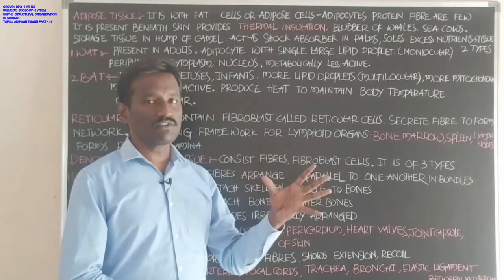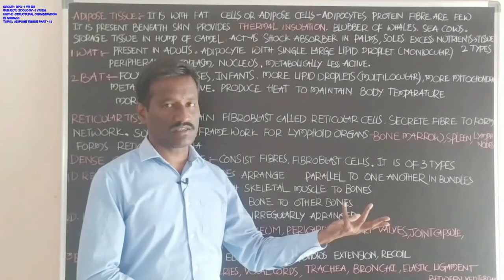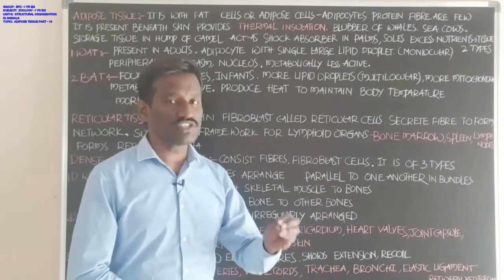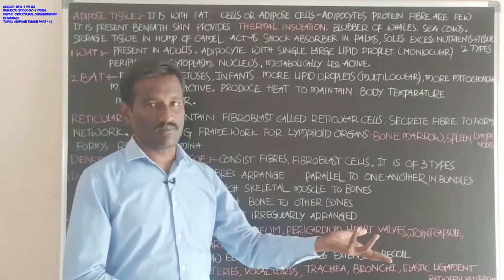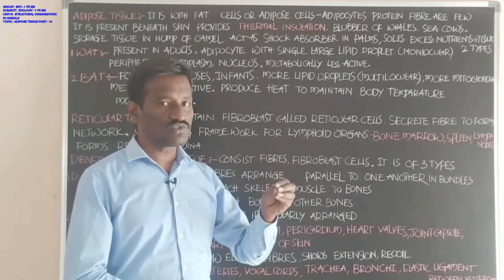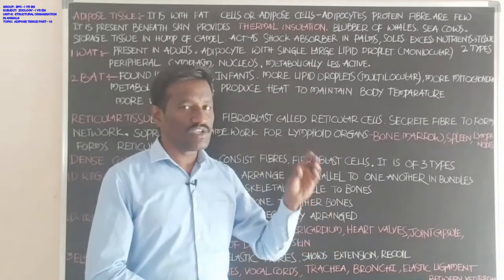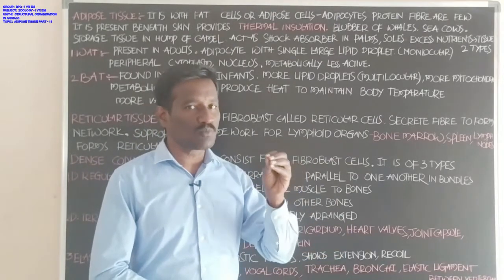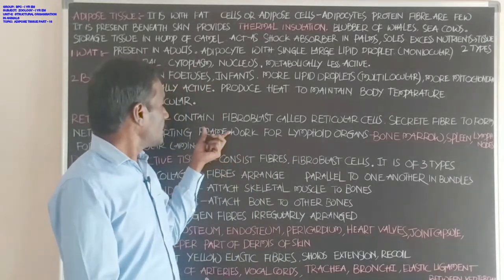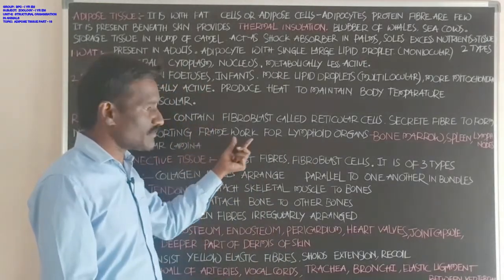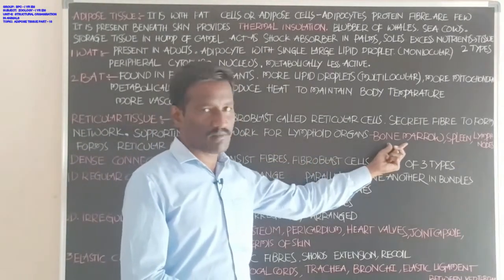Some blood cells are produced by lymphoid organs, and immune cells kill microorganisms in the body. This type of immunity involves immune cells, which are also produced from the lymphoid organs. Student, reticular tissue forms the framework in lymphoid organs such as bone marrow.